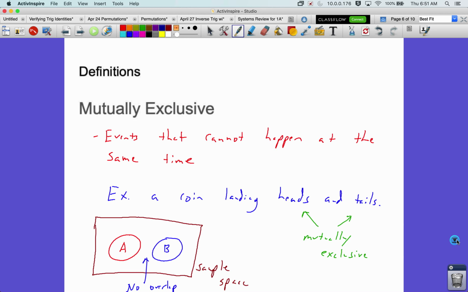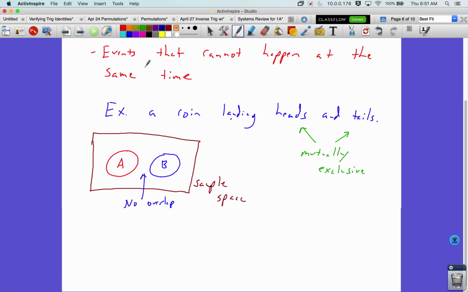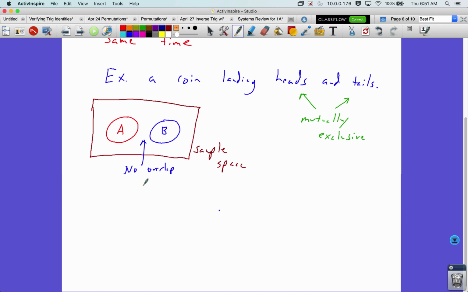All right, let's talk about some probability notation. So the probability of A and B equals 0. This symbol here, it's like a big N. It means and.